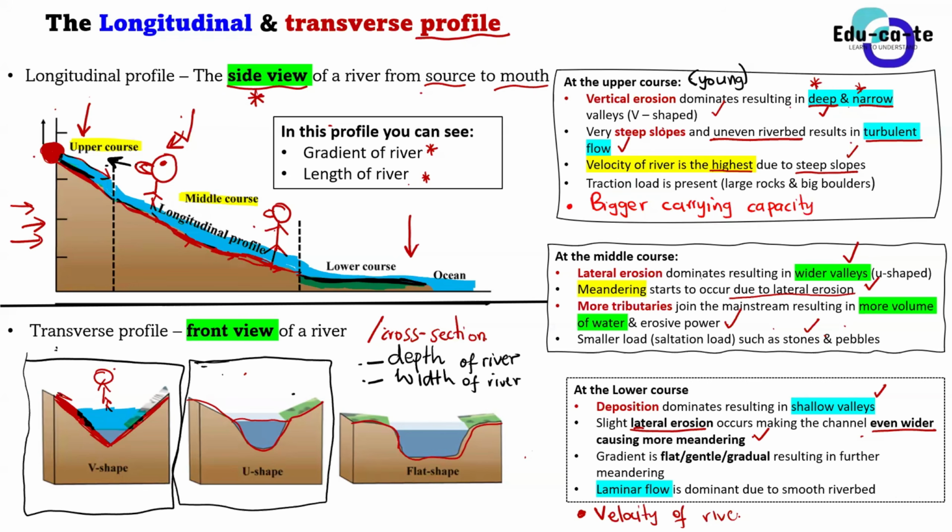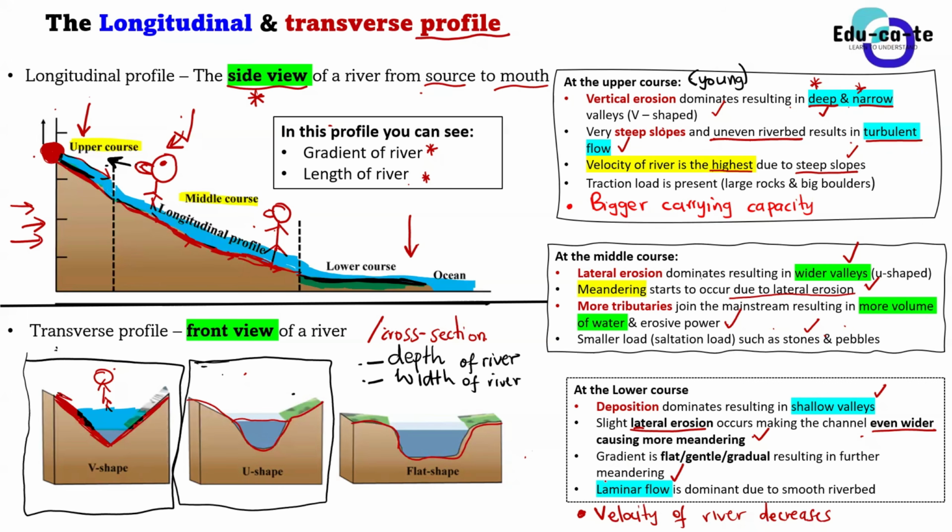So the velocity of a river decreases. Because remember, when we've got a gentle gradient, we have less surface runoff. The water cannot flow that much faster because it's now a gentle gradient. And this gentle gradient also results in further meandering, so meandering will still continue to happen.